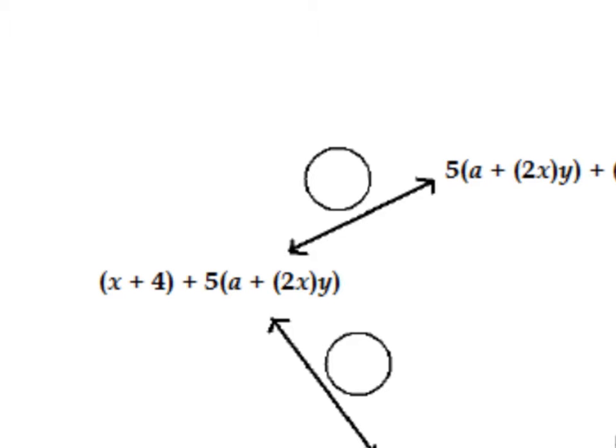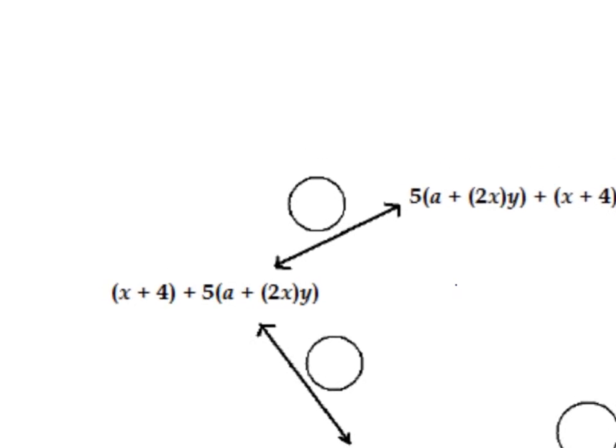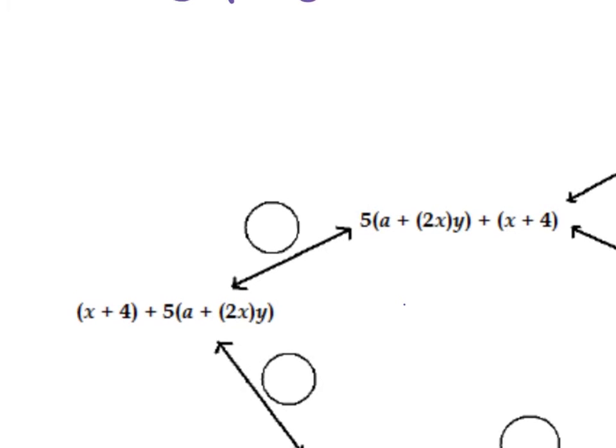5 times a plus 2x times y. So I'm going to look between these two expressions here, and I'm going to see what the difference is. So looking, I have x plus 4 here, but in the other one, I have x plus 4 on the other side. Then I have 5 times a plus 2xy on the right.